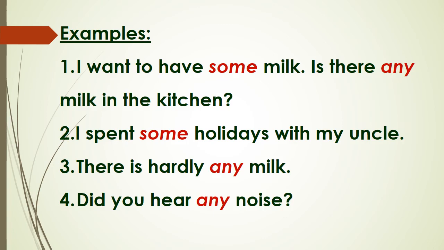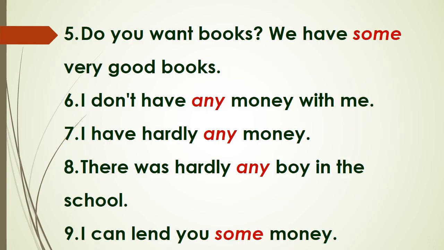So the word any is used in this sentence. Next is, did you hear any noise? Again, it is a sentence with negative implication because we are not sure that the person has heard any noise. So that's why the word any is used here.